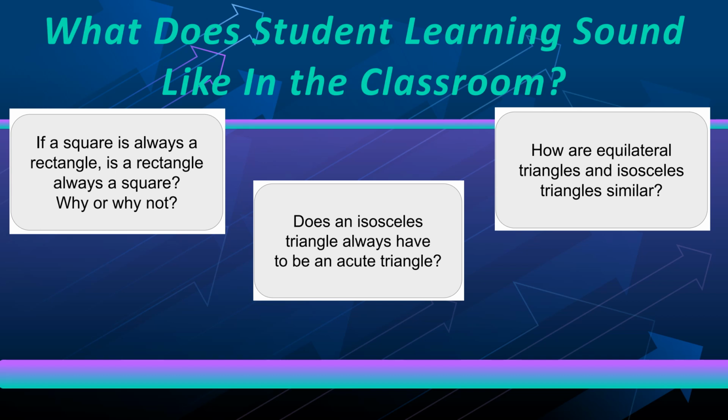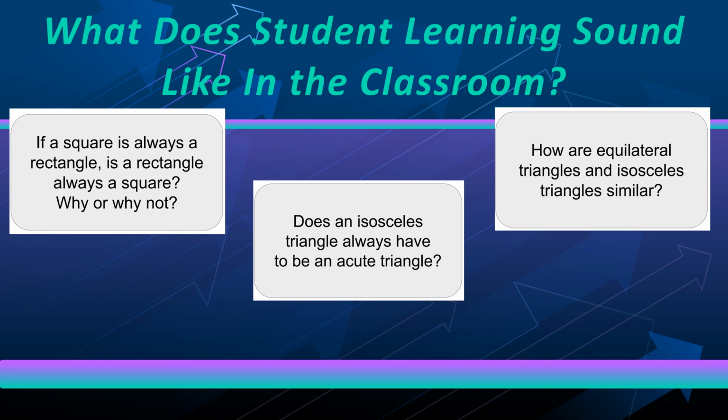No, not all rectangles have 4 equal sides. A square is a special type of rectangle that must have 4 equal sides. In the second question, you see, does an isosceles triangle always have to be an acute triangle?